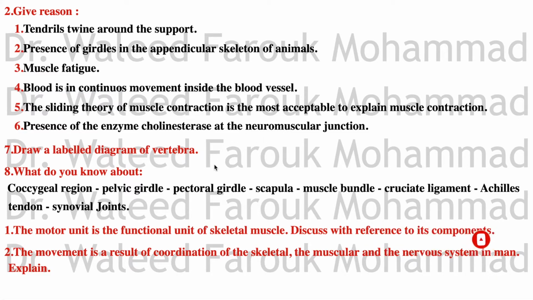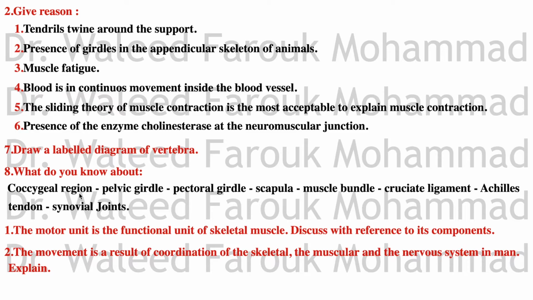What do you know about the coccygeal region? Well, it's 4 incomplete vertebrae, the smallest vertebrae. They are fused together. They make one piece, okay, and face the pelvis. And they are from 30 to 33 in serial number.